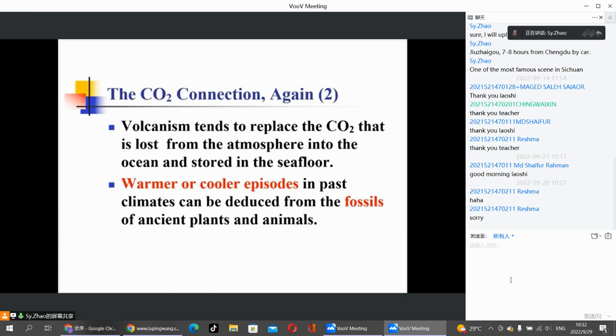But as far as I know, some other scientists revealed that there is no strong proof to suggest that carbon dioxide will intensely affect our climate. This is still contested in the scientific community.